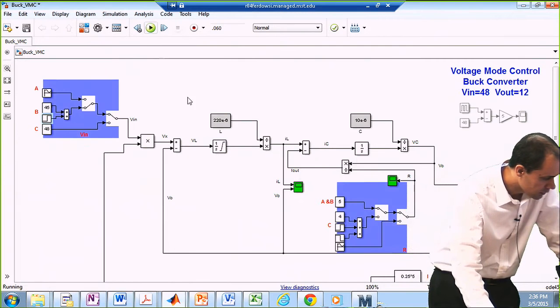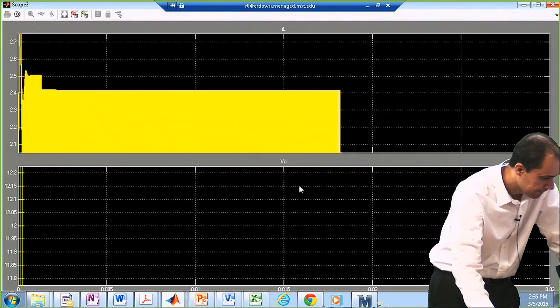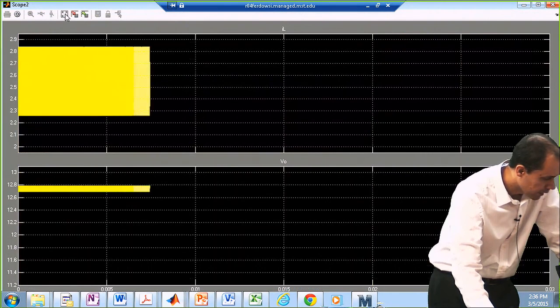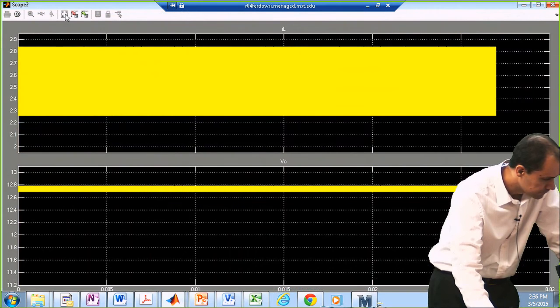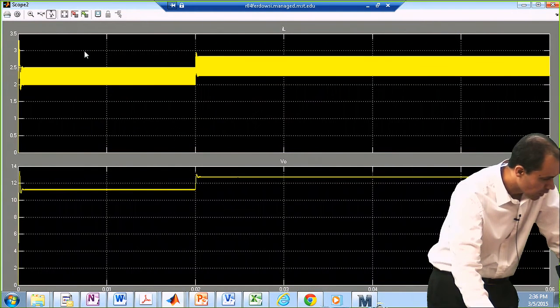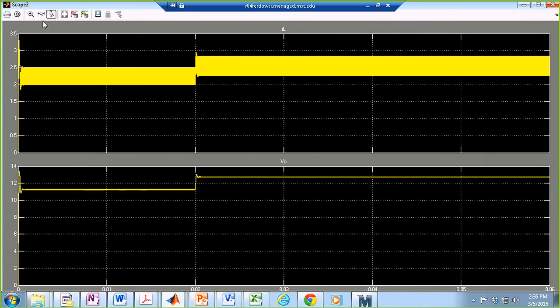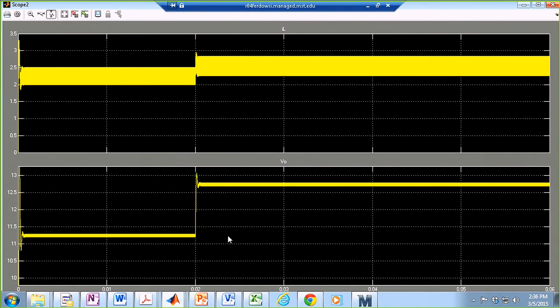All right, now let's take a look. As you can see, because this is an open loop behavior, my output voltage also jumps from 25% of 45 to 25% of 45 plus 6. It doesn't know that it has to remain at 12.